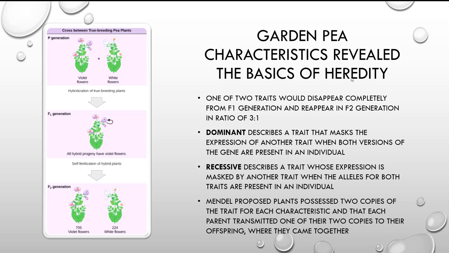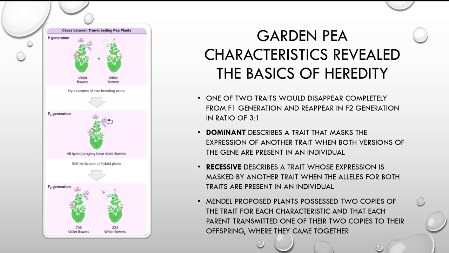One of the 2 traits disappears completely from the F1 generation and then reappears in the F2 generation in a ratio of 3-to-1. For example, the white trait disappeared in the F1 generation, but then reappeared in the F2 generation, but only at 25%. So there's a 3-to-1 ratio. There are 3 times more violet flowers than white flowers.